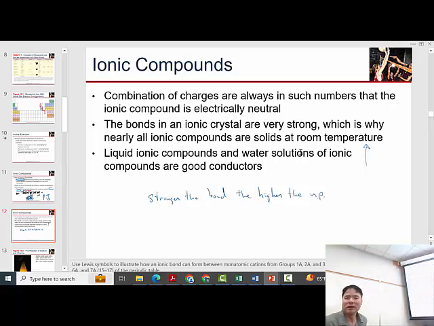And breaking apart the bonds is going to take a lot of heat, a lot of energy, if the bonds are strong. So aluminum oxide, this stuff is nearly impossible to melt. I mean, the bonds are so strong. Other ionic solids are a lot easier to melt, like potassium chlorate. I was able to melt it with a Bunsen burner. It took less than a minute to melt that stuff.